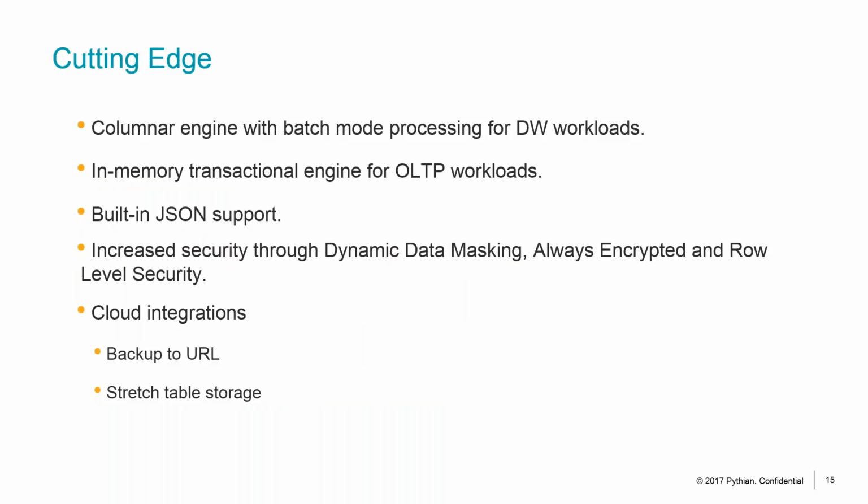Next, we also have to recognize, like I said, that not only has the feature gap narrowed between SQL Server and most other database engines in the market, but it has actually taken the lead on some very interesting points. Nowadays, SQL Server comes with a columnar engine, right?